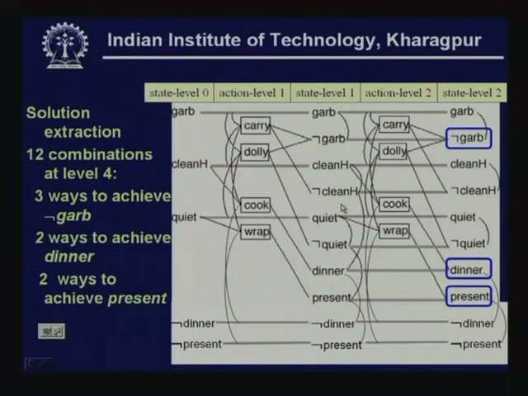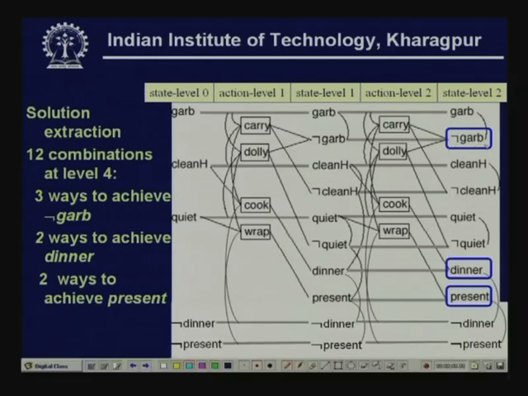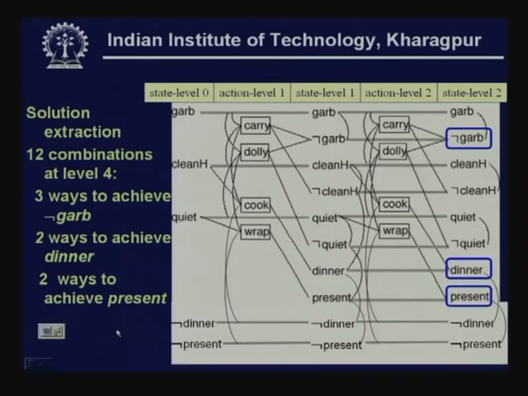So, now let us come back to the planning graph that we obtained. In this planning graph at level 2, we find that the goals not garbage, dinner and present are present. So, we try to find the solution. There are 3 ways to achieve not garbage: carry, dolly and the maintenance action for not garbage.